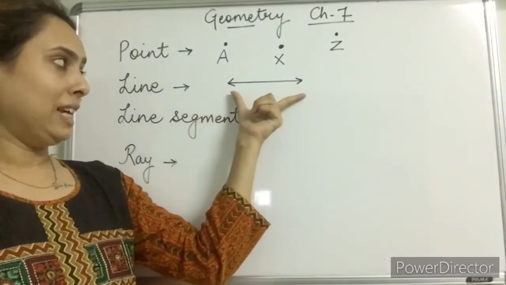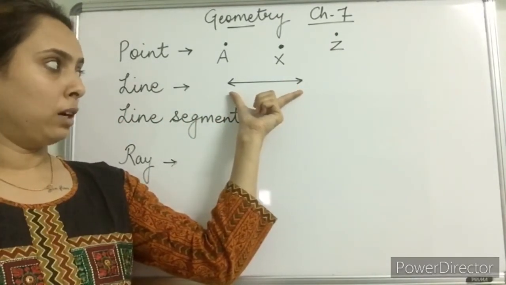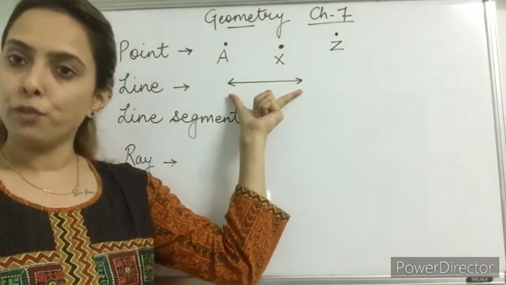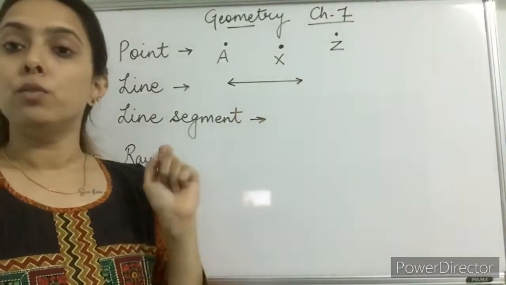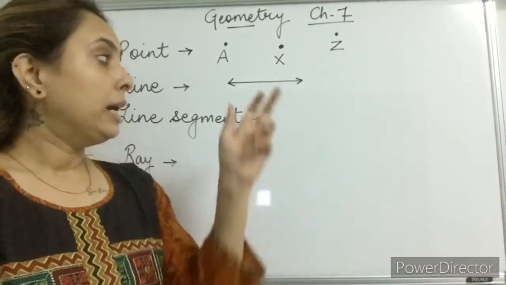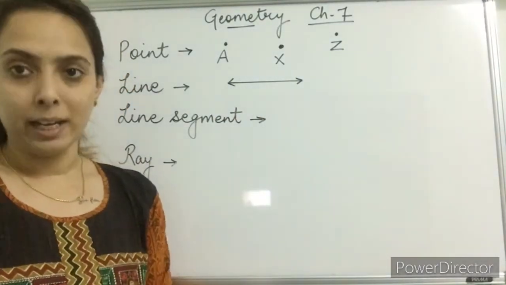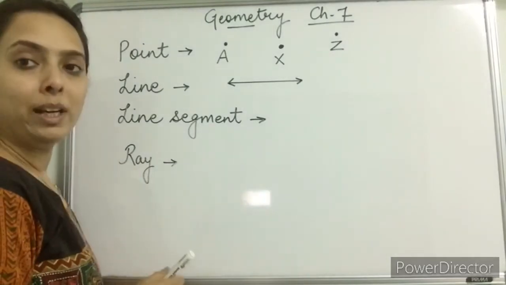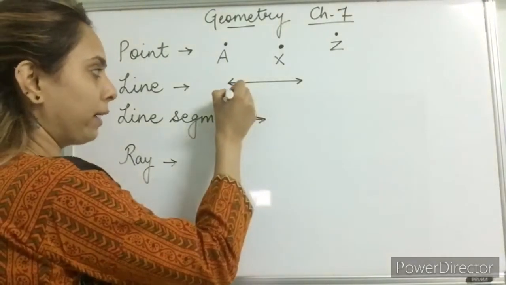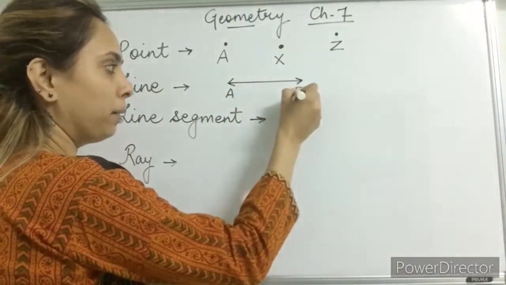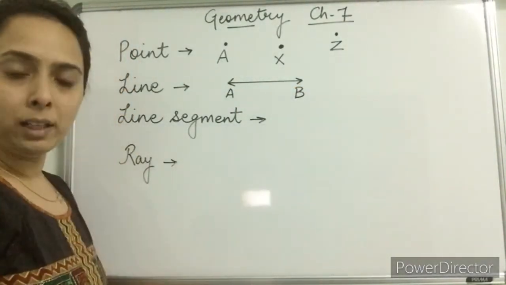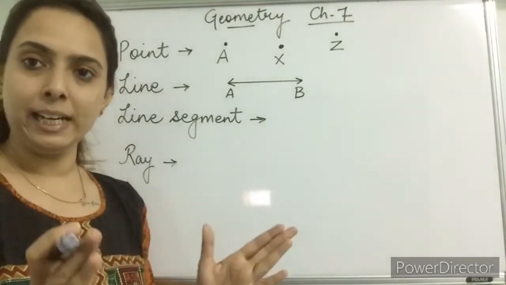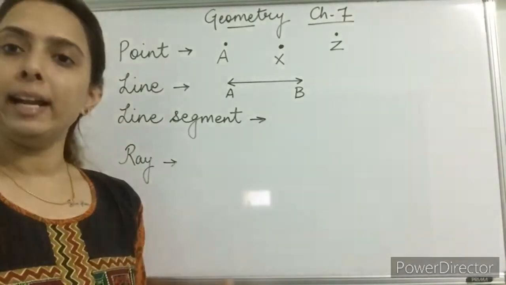If you see such kind of picture in front of you, you will say that it is a line. We have to name this line, and for the same we can use alphabets. I can write A and B. So I will say that AB is a line which is extending in both the directions endlessly.